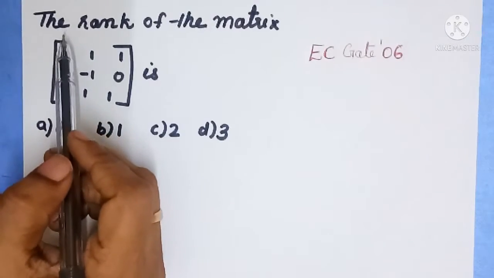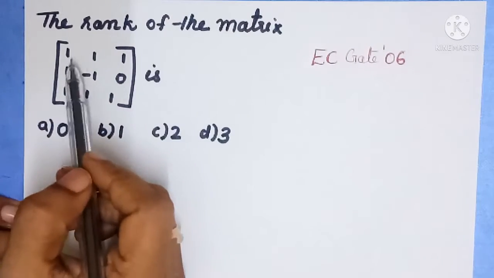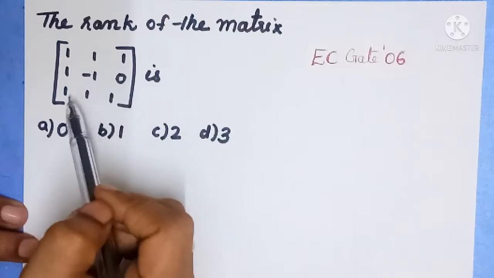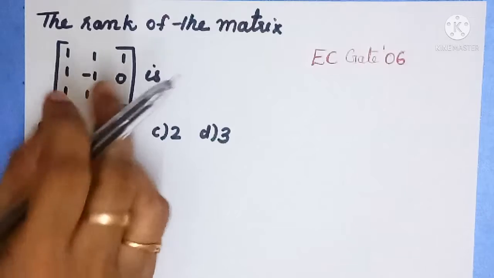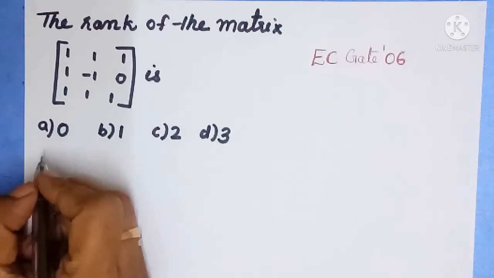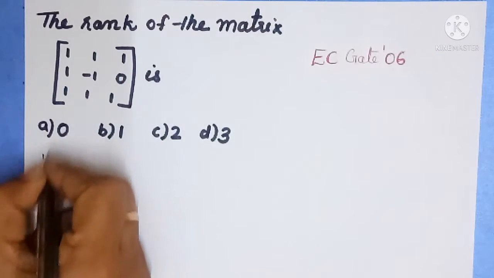Next question. The rank of the matrix 1 1 1, 1 minus 1 0, 1 1 1 is. Here we need to find the rank of this matrix. For that, first we should find the determinant of this matrix.